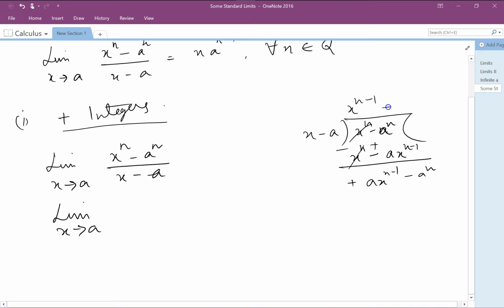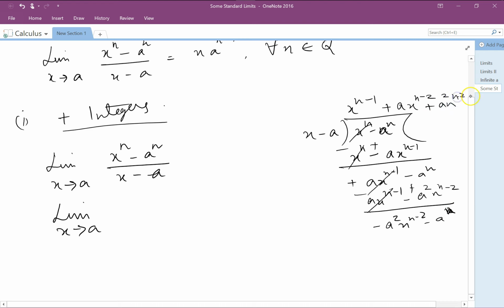Now you have to multiply it with a x to the power of n minus 2. So multiply it, you will get a x to the power of n minus 1 minus a squared x to the power of n minus 2, minus plus. So what do you get? Minus a squared x to the power of n minus 2, minus a to the power of n, again plus a squared x to the power of n minus 2.